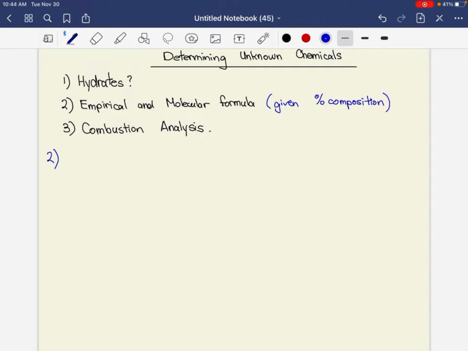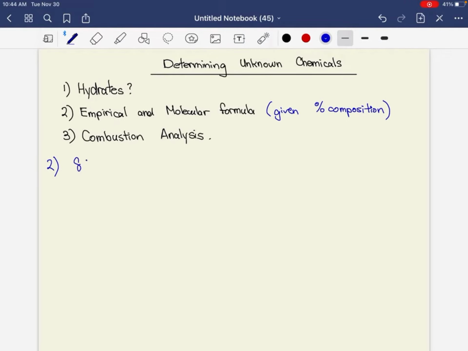So let me do an example. I have, let's say, 80% carbon, 20% hydrogen. So you know that this works out because the sum of the two add up to be 100%.